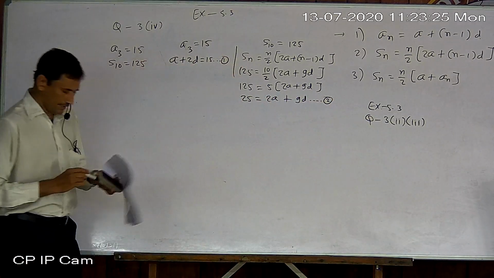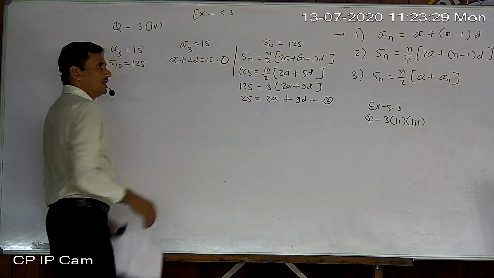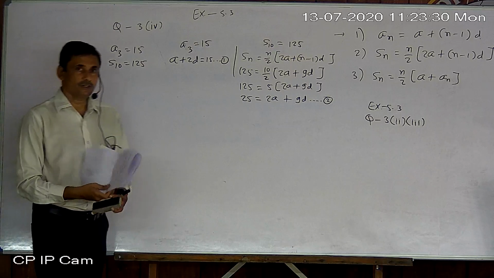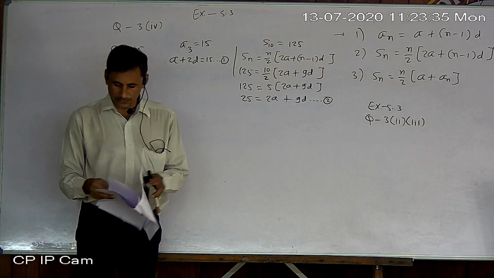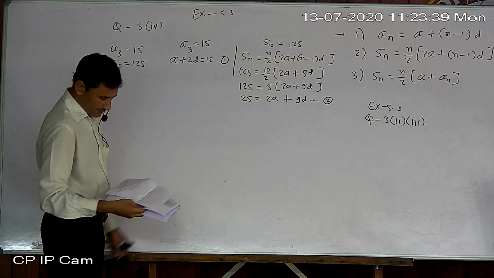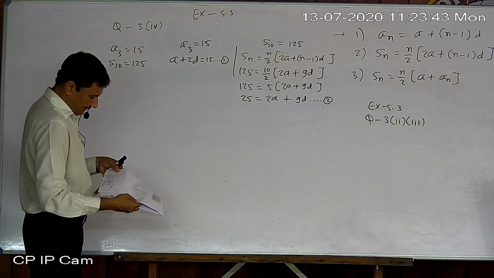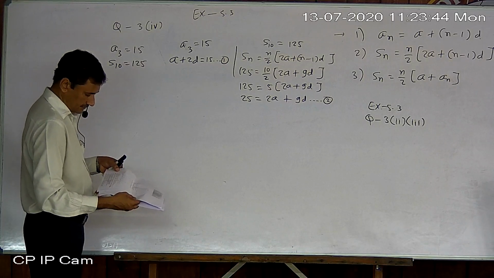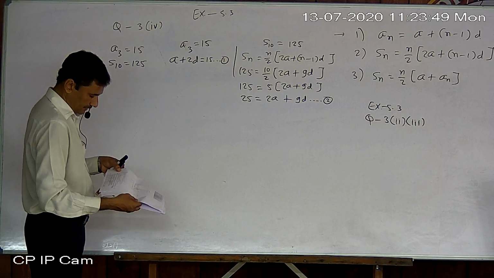Again I am telling you, these types of sums we already solved. If you remember, just turn some pages to exercise 5.2. You already solved this type of sum at numbers 7 and 8. Number 7 is particularly of this type only.